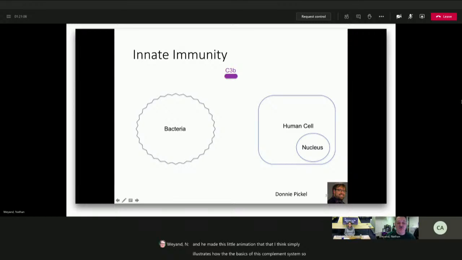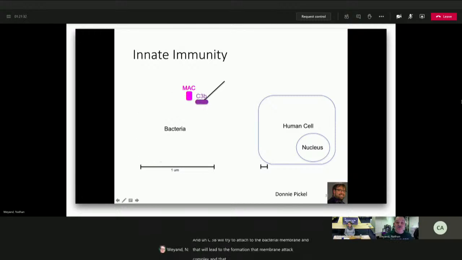So remember, C3b is one of these central players. We're showing a bacterial cell on the left and a human cell on the right. Please note here, Donnie added a scale bar, so the bacterium is much smaller than the human cell. C3b will try to attach to the bacterial membrane, and that will lead to the formation of that membrane attack complex, and that will kill the cell.